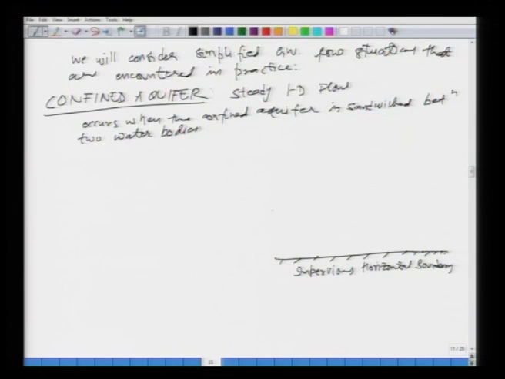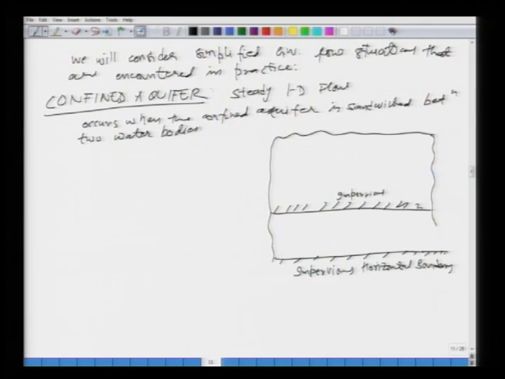Then you have another confining layer. This is also impervious. And then you have the ground somewhere up here. So, this is your ground level or the surface of the earth.